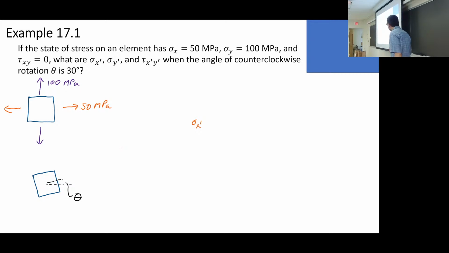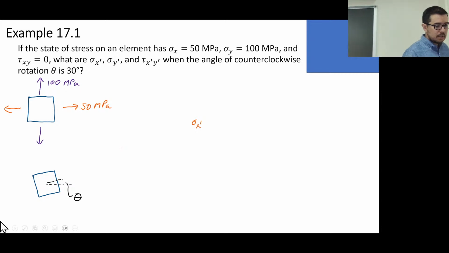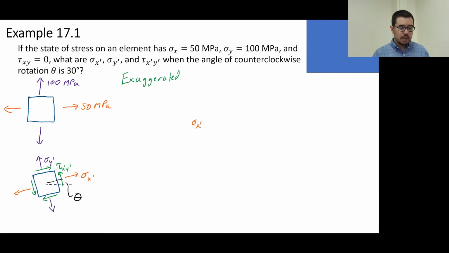And we're going to rotate this sigma x prime by that theta, and designate the corresponding new stresses that we want, like this. Once again, please exaggerate the angles. And here we go.